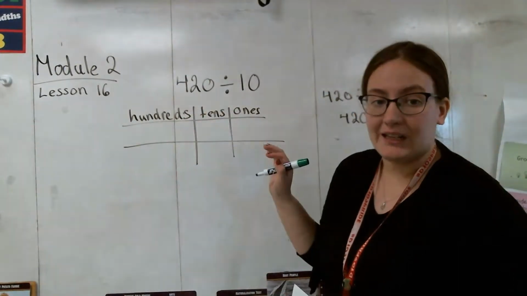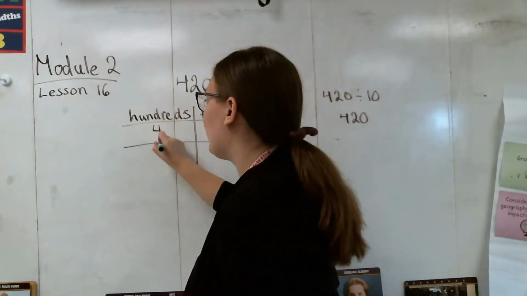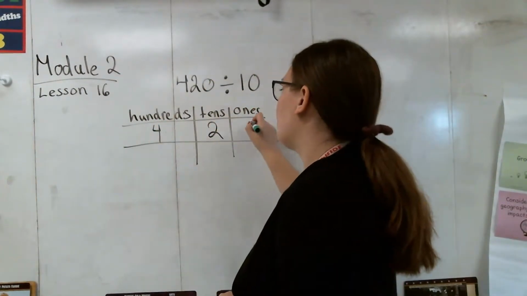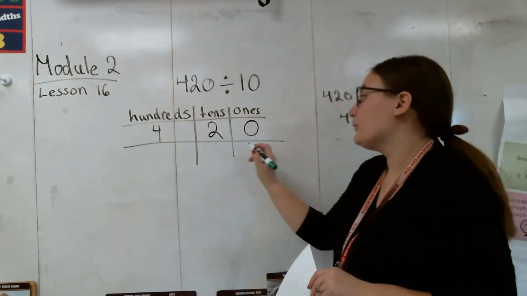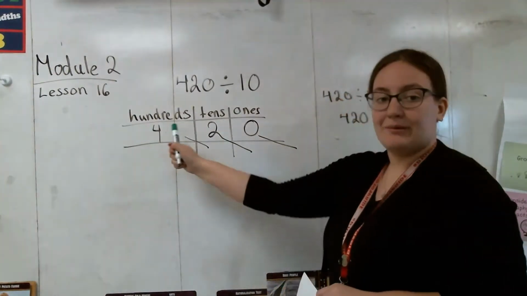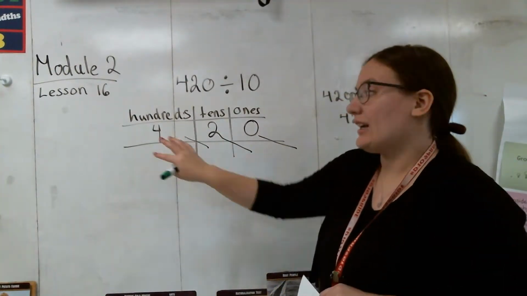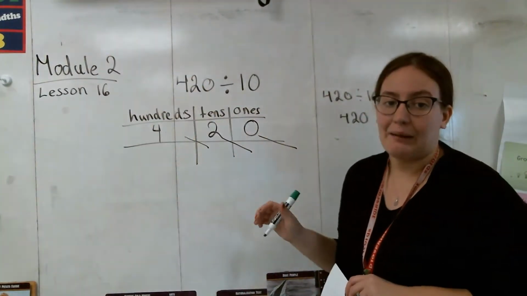So if I were to use my place value chart, I could write the number 420 into my place value chart. I have 4 hundreds, 2 tens, and 0 ones. And when I divide this number by 10, I move every digit 1 space to the right. So it's kind of like my number is shifting on my place value chart to show that it's becoming 10 times less.